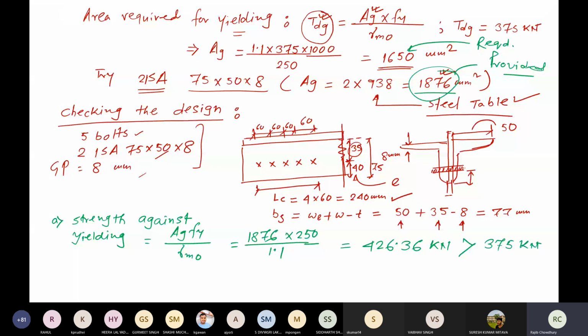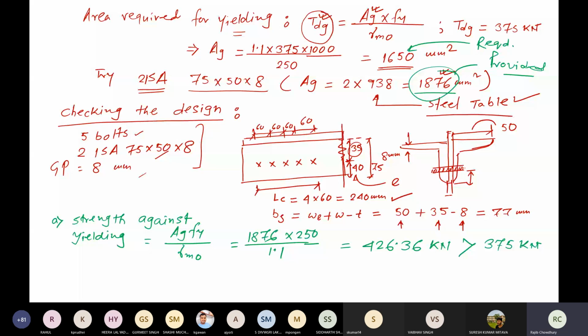So gross shear, how do we calculate the gross shear? You have to find out the shear length, and you have to find out the tear length in tension.